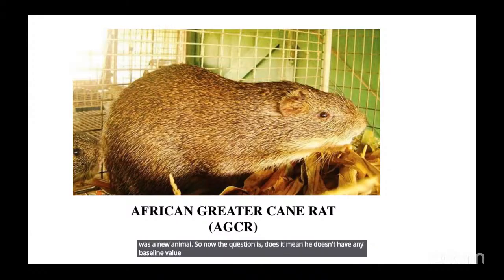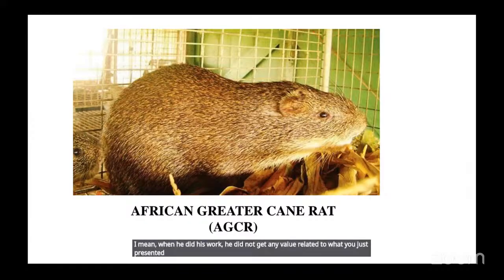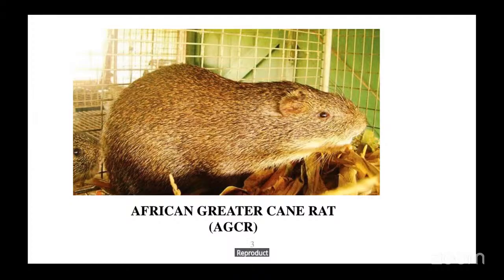I mean, when he did his work, he did not get any value related to what you just presented, or is it that the work he did is completely different from this one that you did? Because I thought that he also worked on the reproductive structures or organs of this animal.